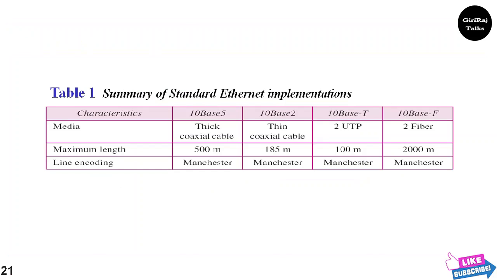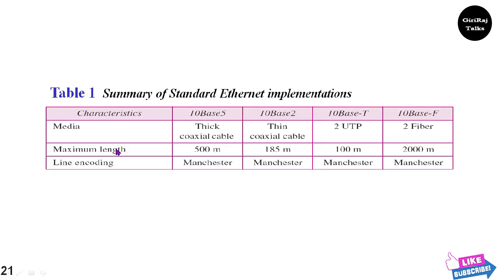Look at Table 1, summary of standard Ethernet implementations. The first column shows the characteristics. The second column is 10Base5, the third one 10Base2, the fourth one 10Base-T, and then 10Base-F. For media: thick coaxial cable in 10Base5, thin coaxial cable in 10Base2, two UTP in 10Base-T, and two fibers in 10Base-F.